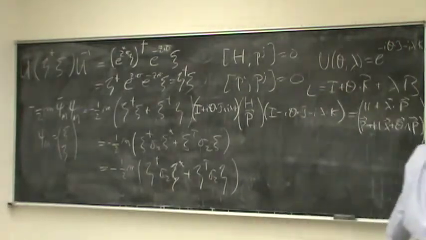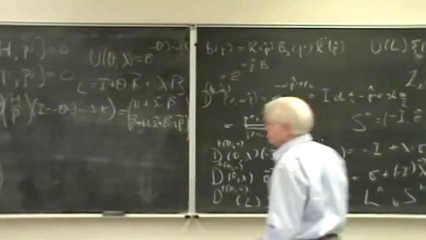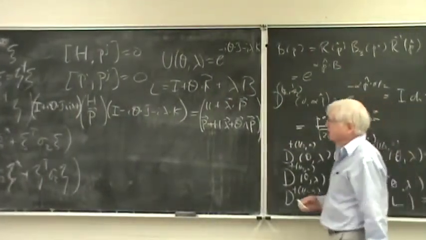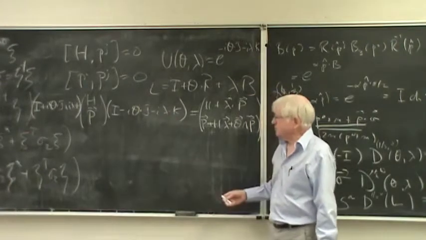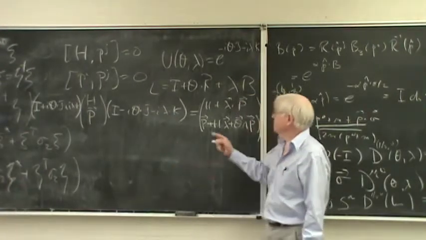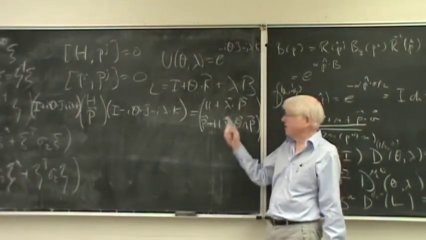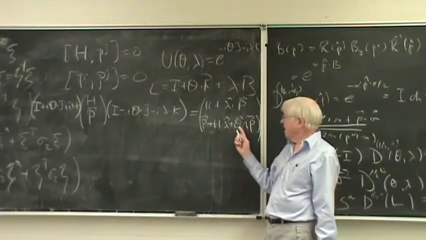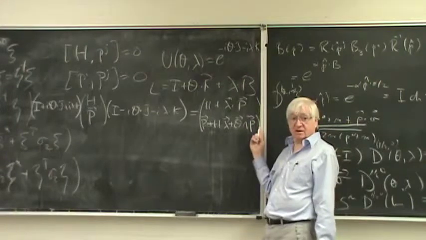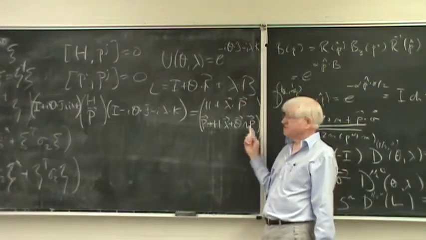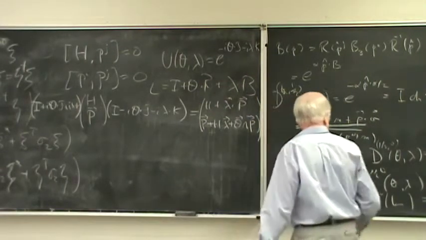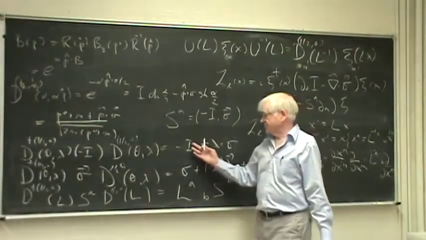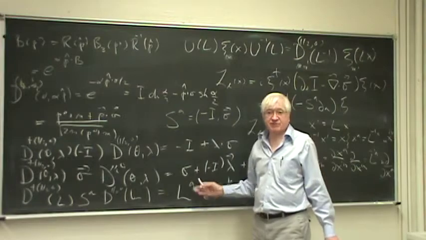Of course, I had that here and erased it, but under an infinitesimal Lorentz transformation, a 4-vector H, P turns into H plus lambda dot P, and P plus H lambda vector plus theta cross P. That's what we saw, and this is an example of it for the case in which the 4-vector is minus i sigma.